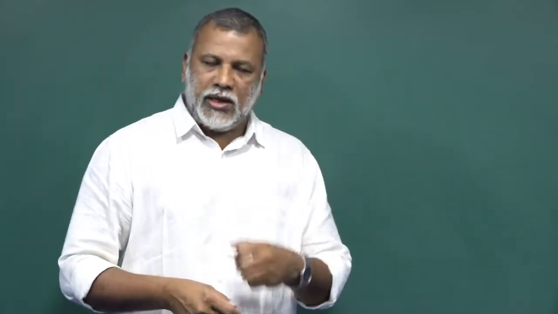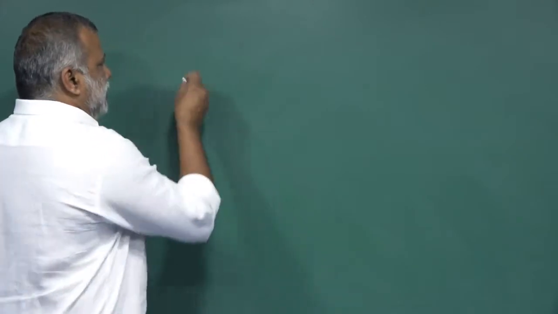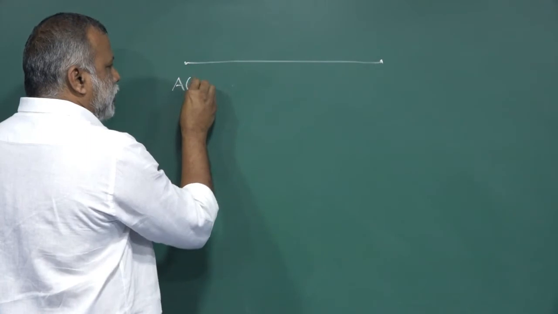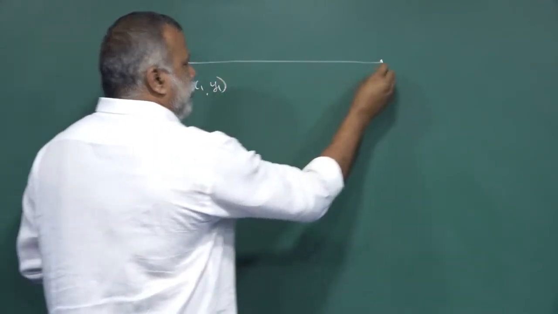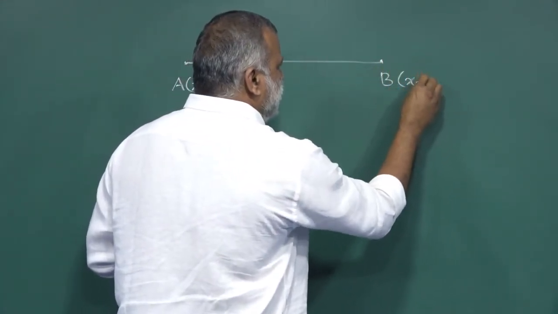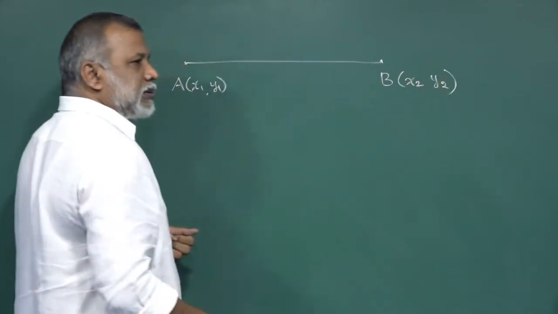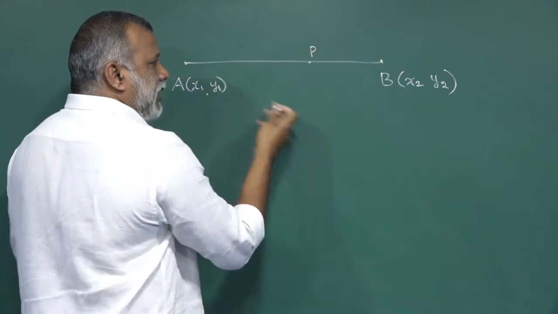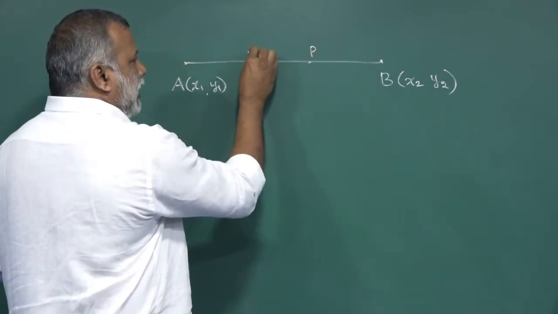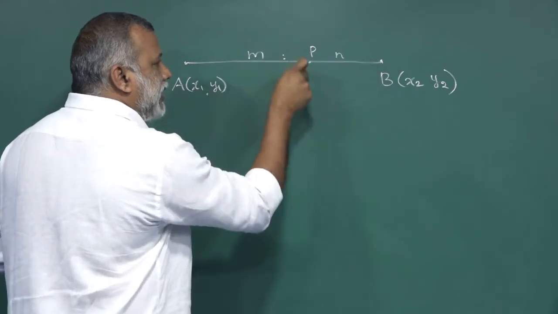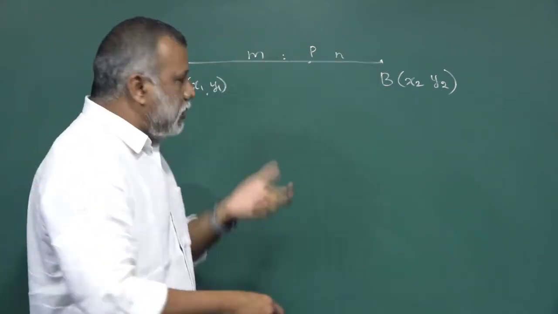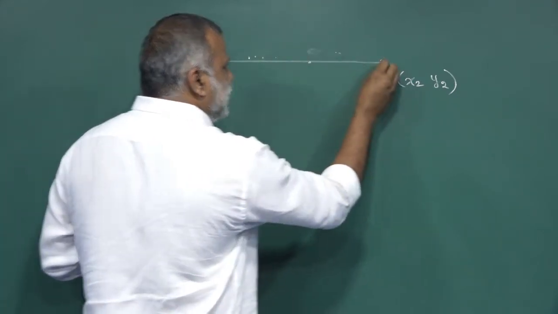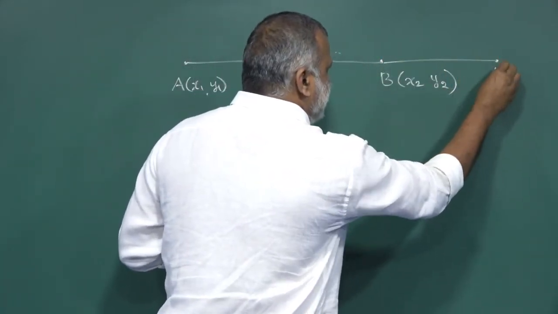In the same way, now we are going to discuss the same concept. For example, let us consider A of x1, y1 and B of x2, y2 to be any two points. In the previous class, we discussed the point P dividing this line segment in the ratio m is to n internally. Now we are going to prove the same result, but instead of internally, we are going to take this point externally.